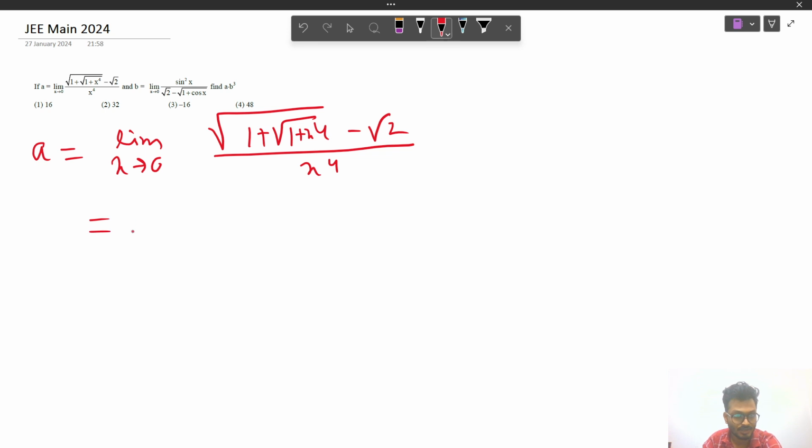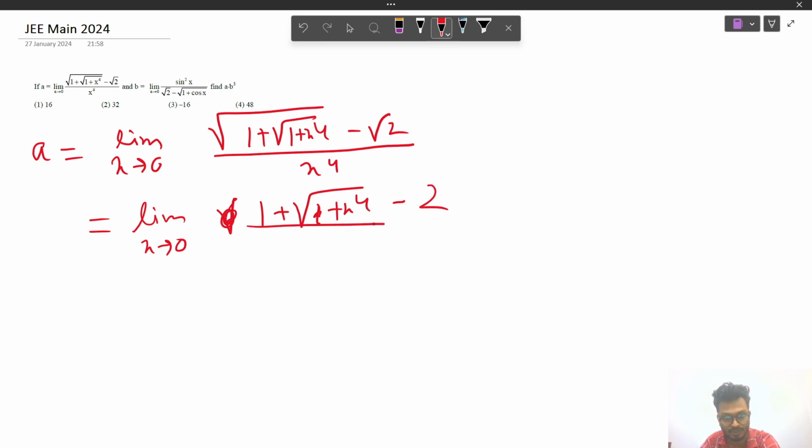So let us rationalize. The limit as x tends to 0: we are multiplying by the same things with plus. So the root will be out: 1 plus root over (1 plus x to the power 4) minus 2, divided by x to the power 4 into root over (1 plus root over (1 plus x to the power 4)) plus root 2.